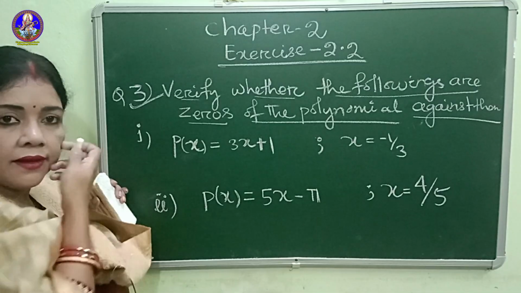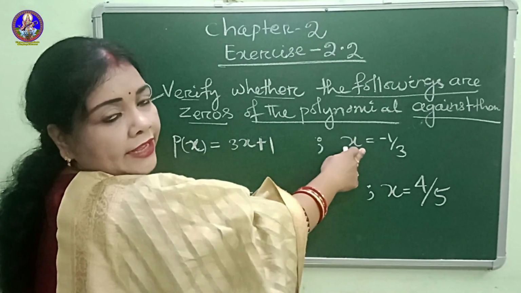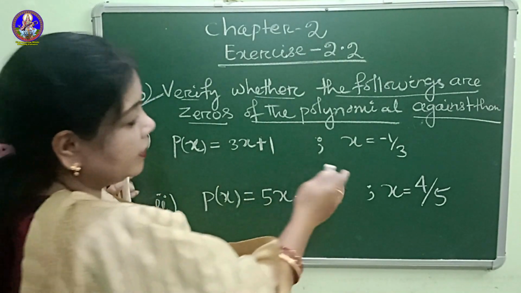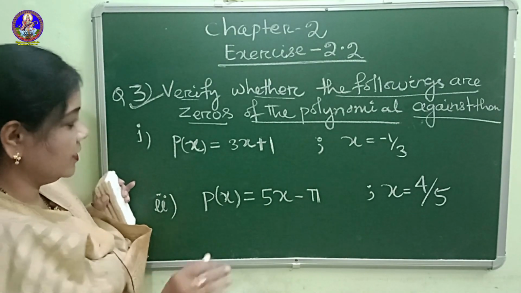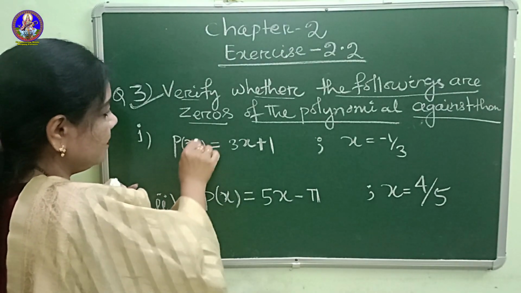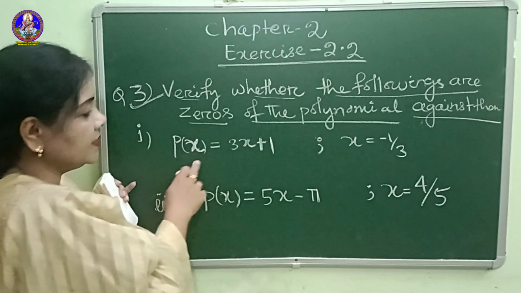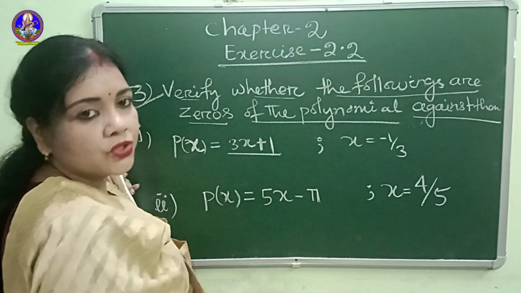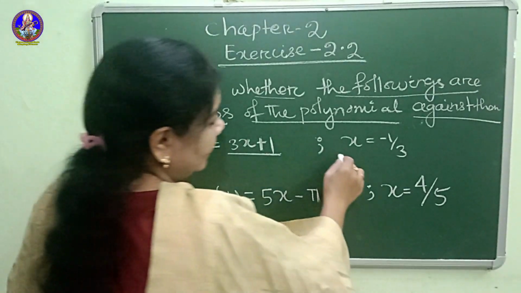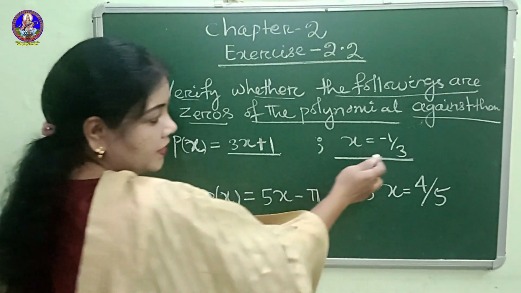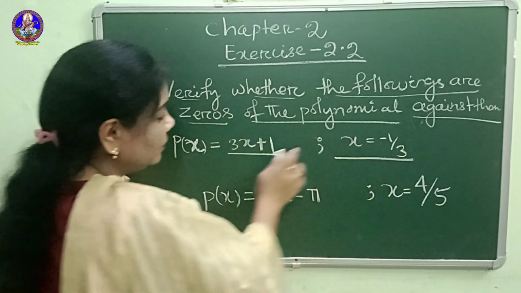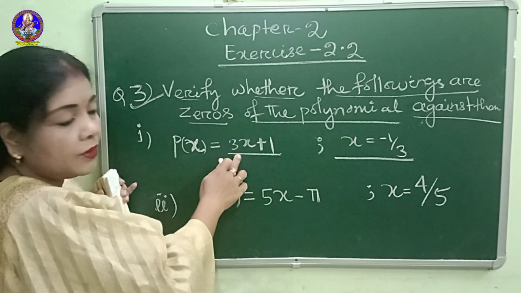We have to verify whether, whenever we put that particular value of the variable inside a polynomial, we get zero or not. So the first question is p of x is equal to 3x plus 1, and the value given is x is equal to minus 1 by 3. Let us put this x value in the polynomial.